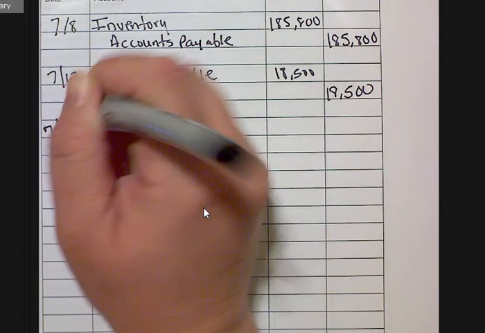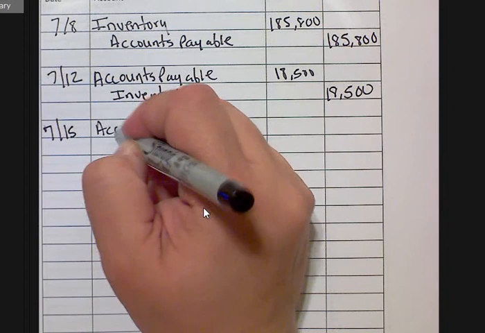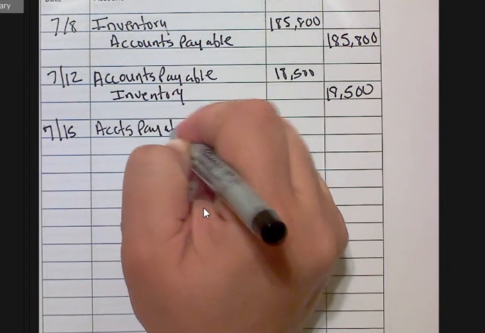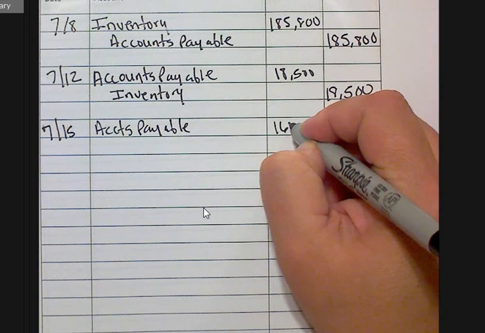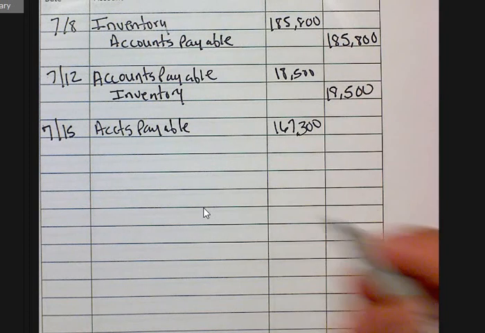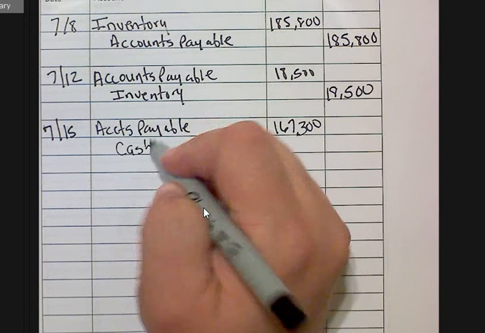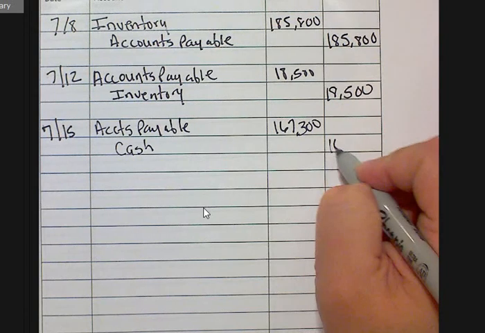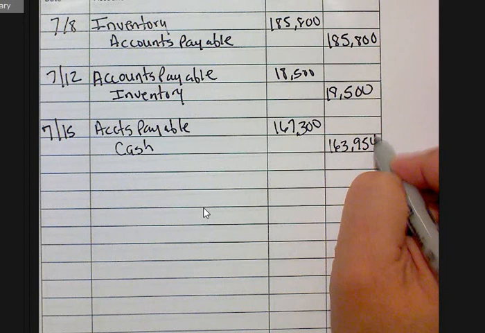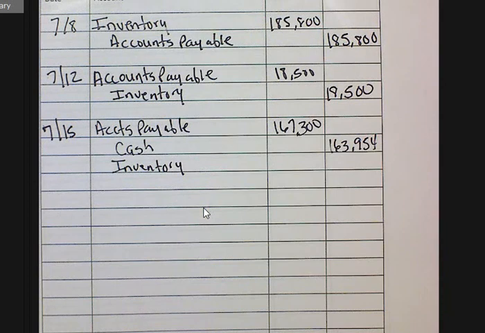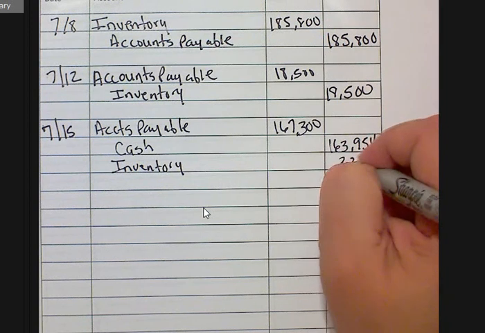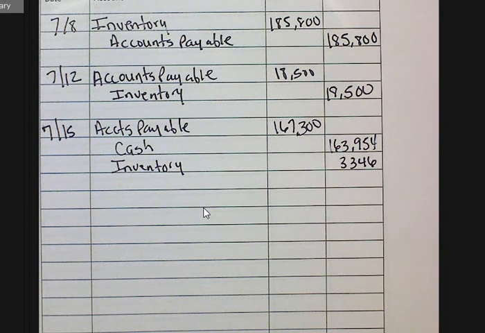We're going to debit accounts payable for $167,300. We're going to credit cash for the amount of cash we have to pay, and that's going to be our $163,954. And because we record inventory at cost and we're taking this cash discount, we're going to credit our inventory account for $3,346. And you can confirm that your debits equal your credits and see that you're in balance.